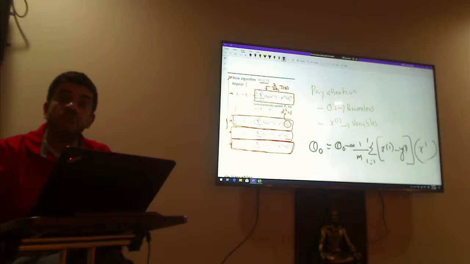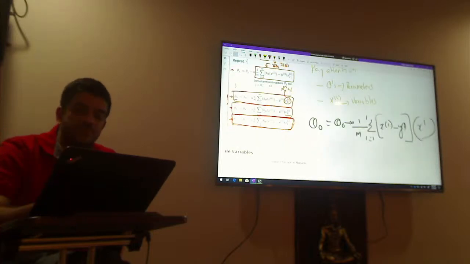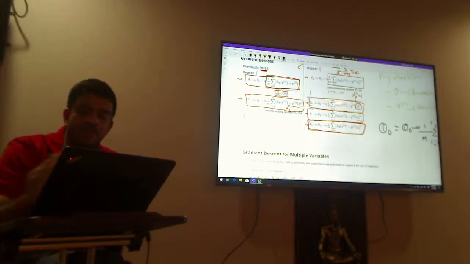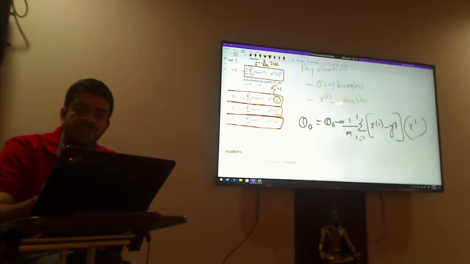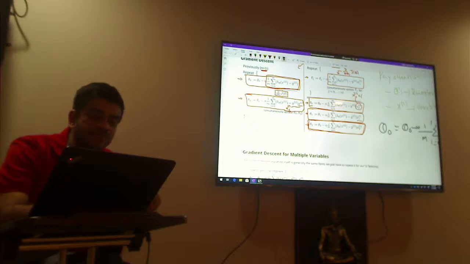This is the formula of gradient descent. This is what we said the other day. So in this particular example, what is the difference between this formula and this formula? The only difference is that this factor is missing here.